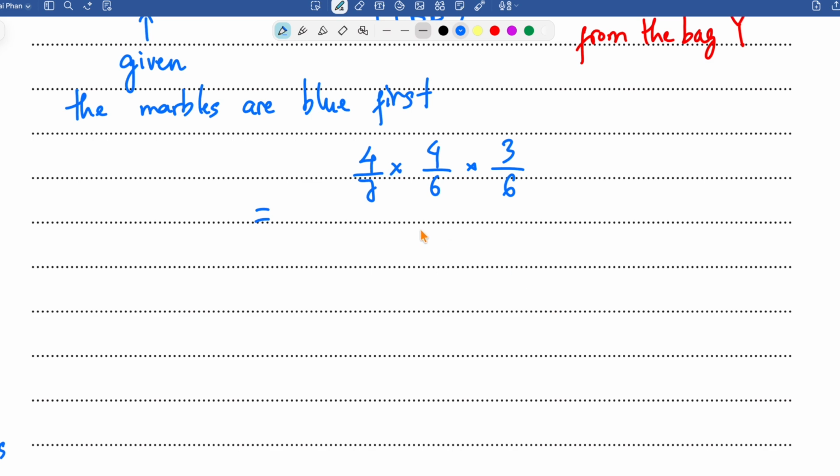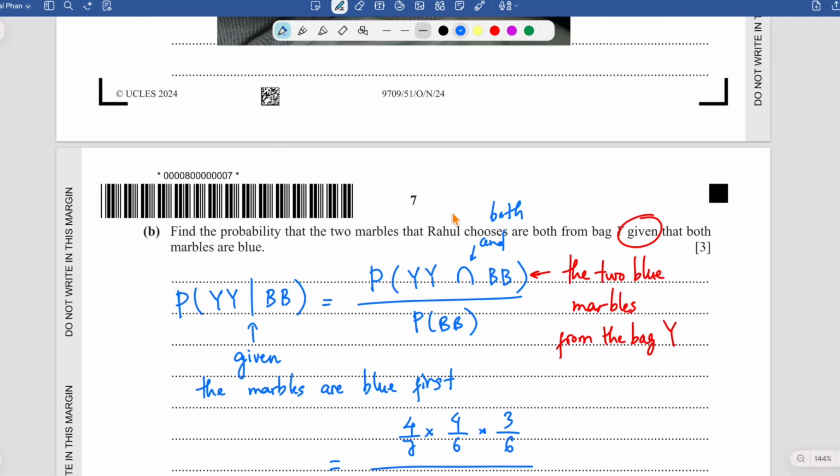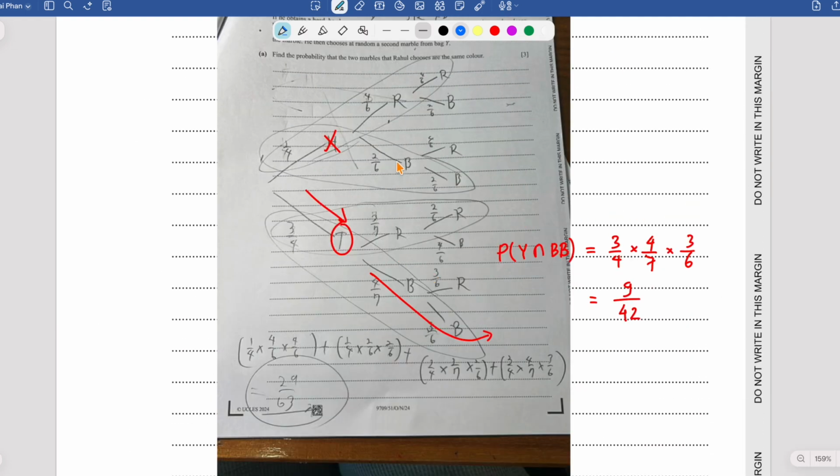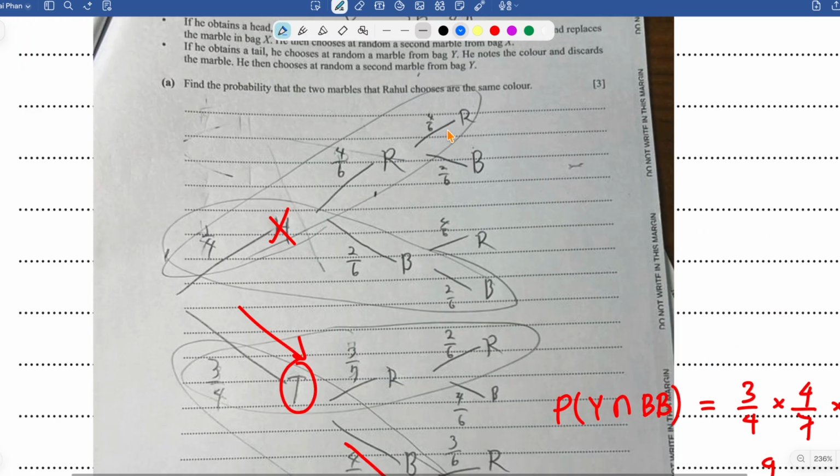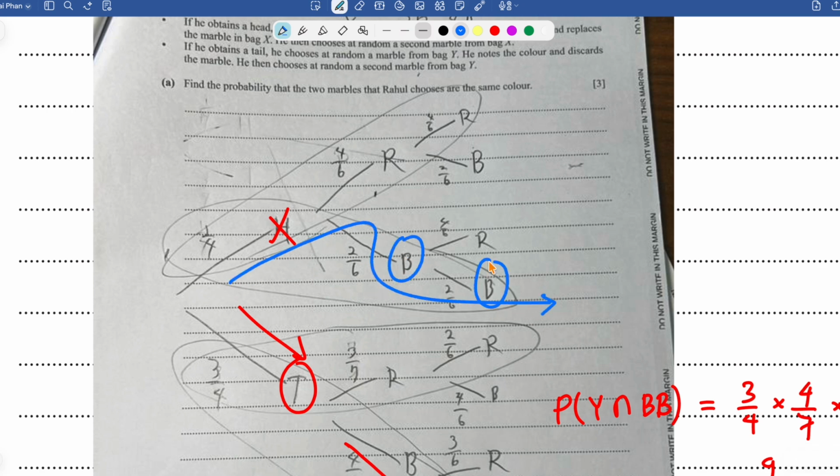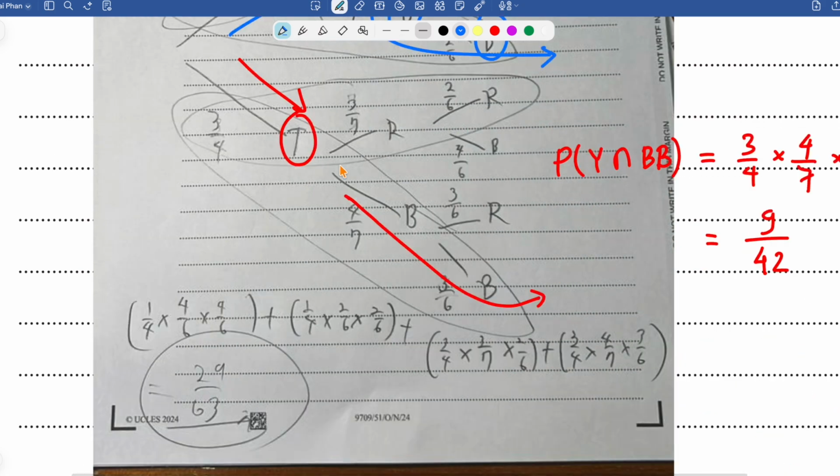Now we calculate the term at the bottom, where the two balls are blue. We see these branches here, blue and blue, and the other branch, the one I indicated earlier, blue and blue, which is the same fraction.